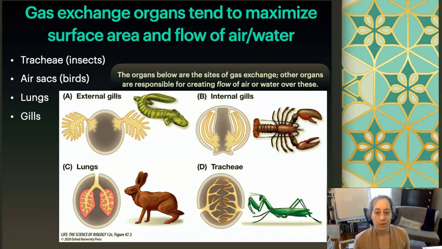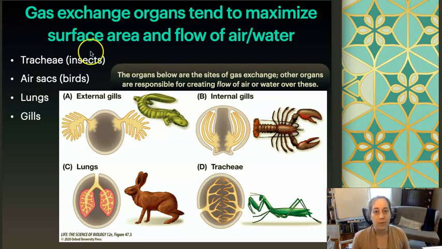How does respiration occur? Or where does it occur? It occurs at these different types of gas exchange organs. And these types of organs tend to maximize surface area and the flow of either air, if this is an air-breathing organism, or water, if this is an aquatic organism.